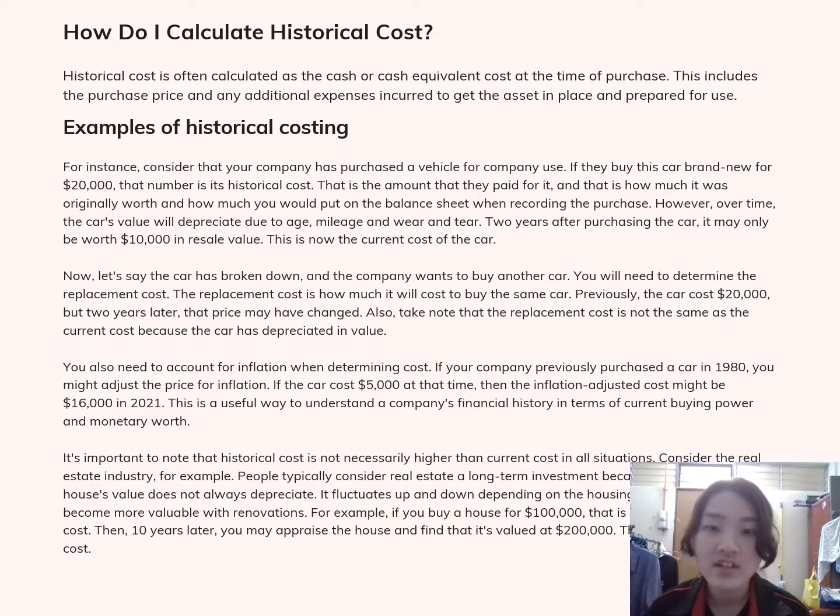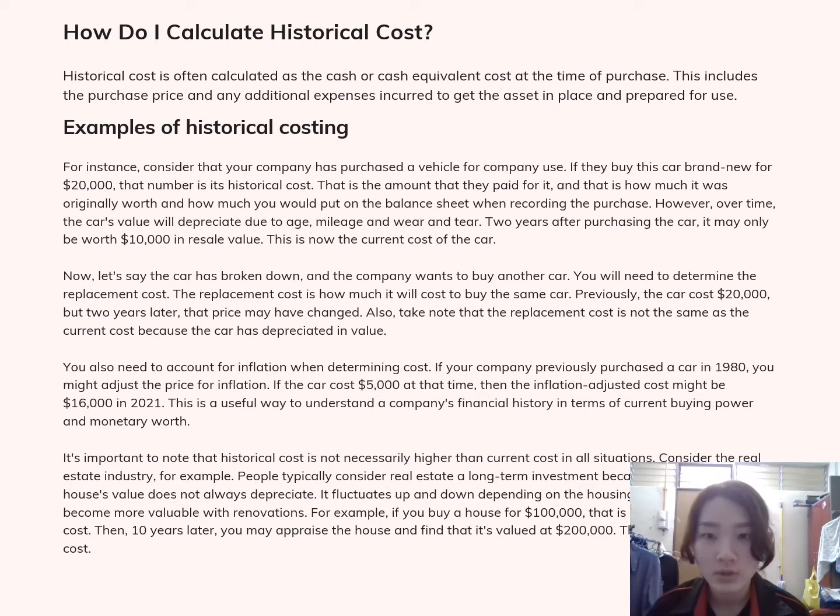When recording the purchase, however, over time the car's value will depreciate due to age, mileage, and wear and tear. 2 years after purchasing the car, it may only be worth 10,000 in resale value. This is now the current cost of the car. Now, let's say the car has broken down and the company wants to buy another car.